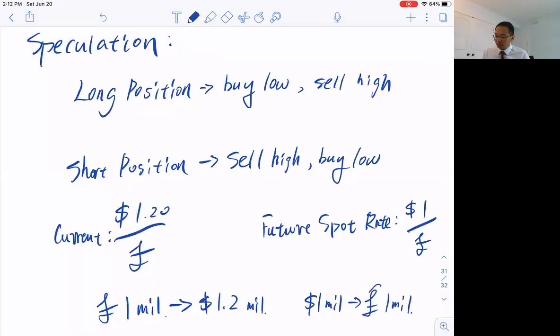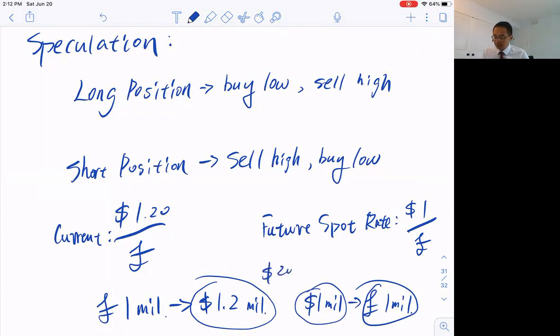Then you can pay this 1 million pounds back, okay? But remember, you made 1.2 million off of this, and you only used 1 million to buy the pounds that you need to pay back, so you have just made $200,000 in this transaction. Okay, now minus whatever fee you agree to pay the broker.